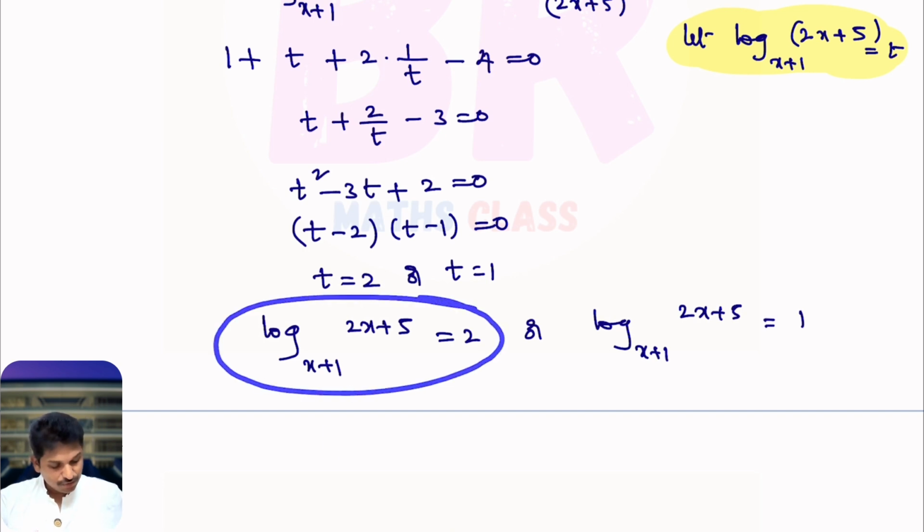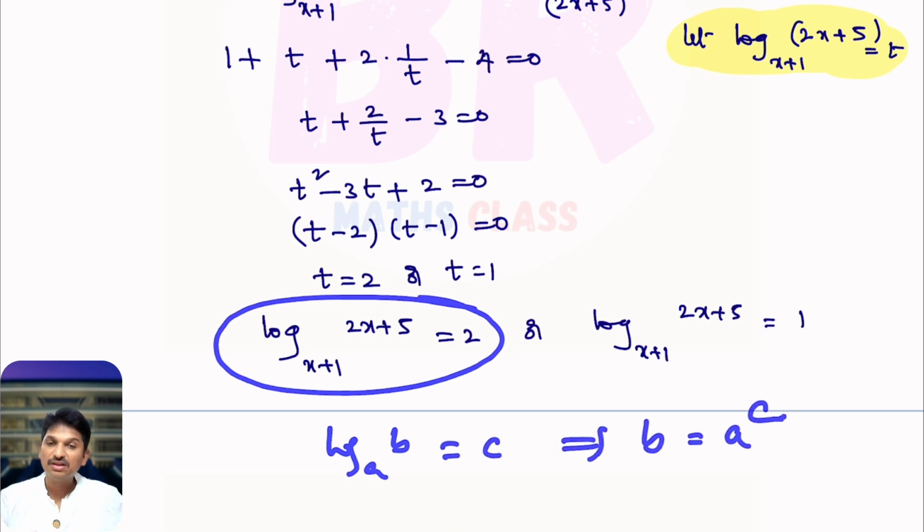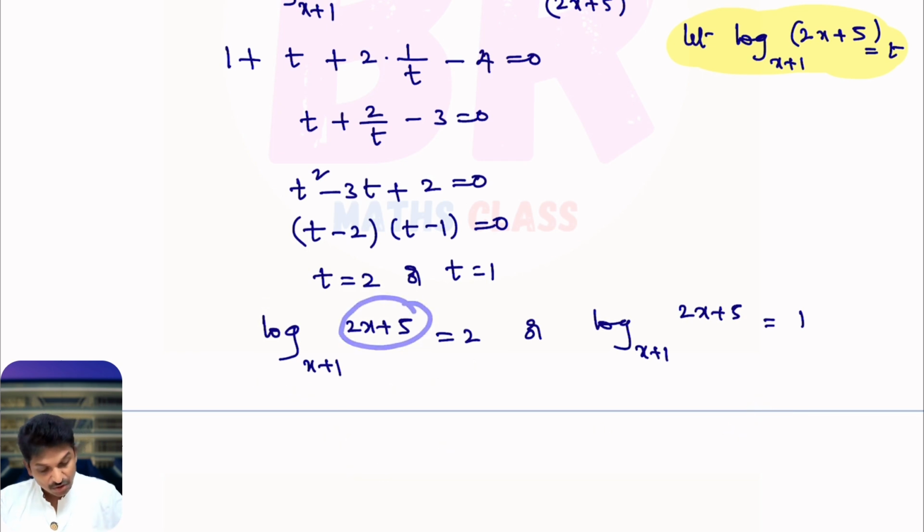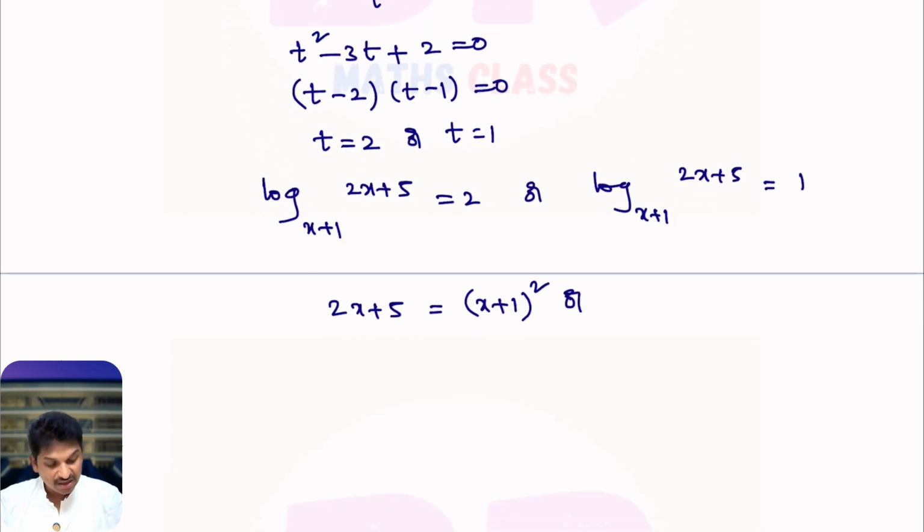Use the definition of logarithm: log b base a equal to c. From this, what is b? b is a power c. So this can be written as 2x plus 5 equal to x plus 1 whole square. Similarly, if I apply the same logarithm formula here, 2x plus 5 equal to x plus 1 whole power 1.